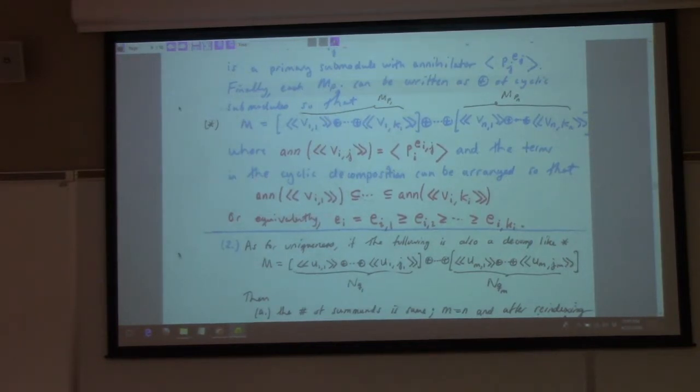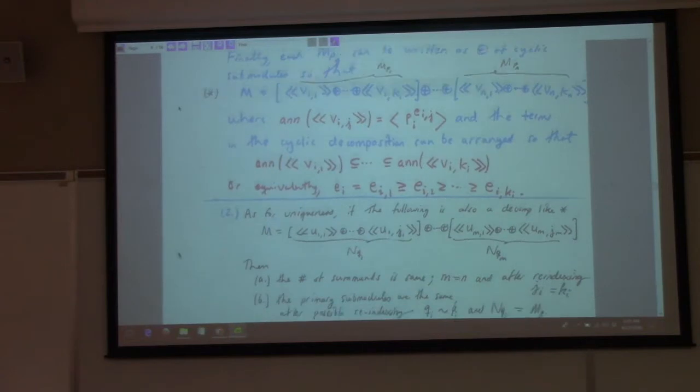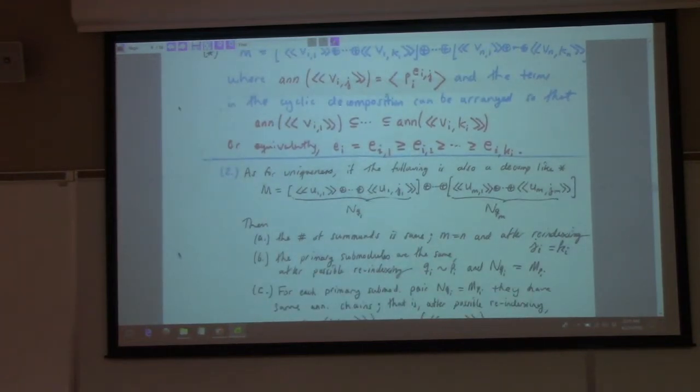Again, we have a uniqueness. And if you look at the proofs here, much of the lion's share of the effort is spent on proving uniqueness. That's the part that stings, from what I see. But you can prove that if you had another such decomposition, breaking apart each Q sub j primary component into a direct sum of cyclic submodules, then after appropriate reindexing, the number of summands is the same.